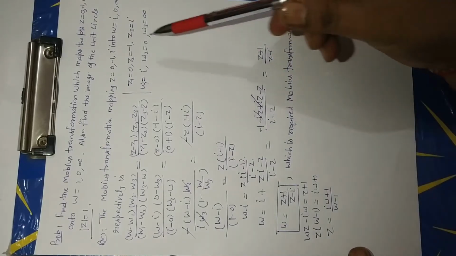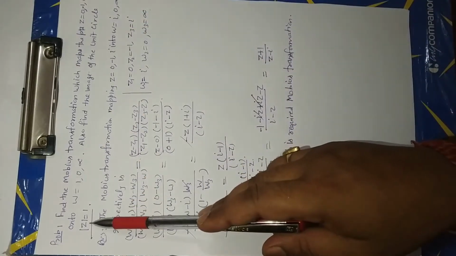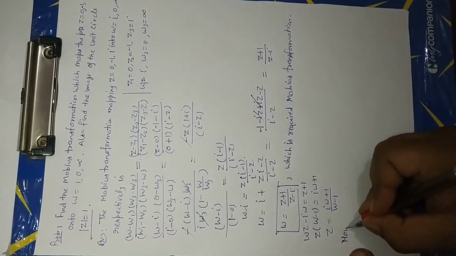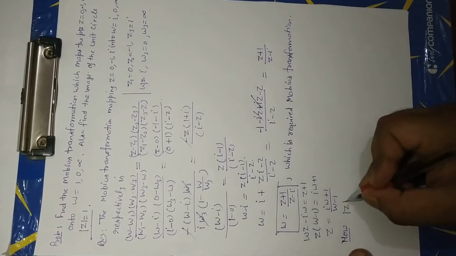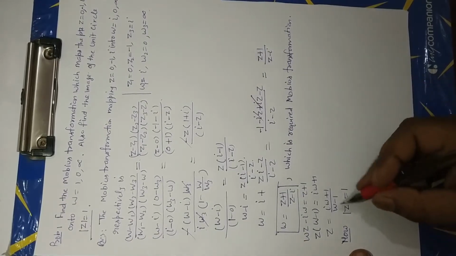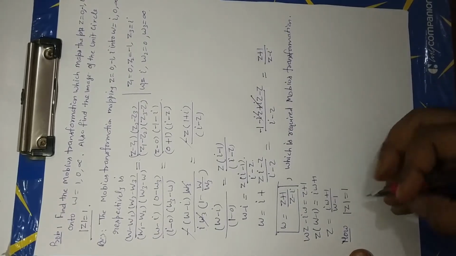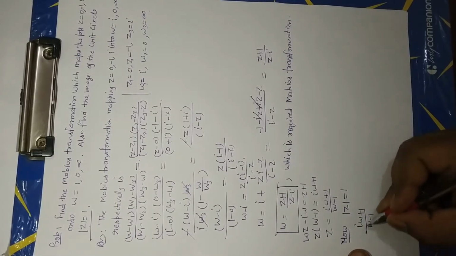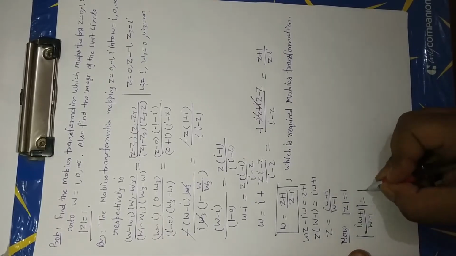Now to calculate the image of the unit circle whose center is 0 and radius 1, |z| is equal to 1. Now putting the value of z, |iw plus 1| upon |w minus 1| is equal to 1.